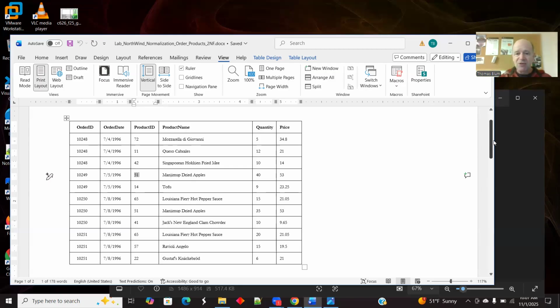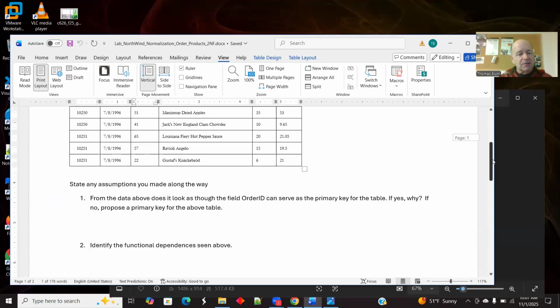So I've seen price in the order detail table, I've seen it in the product table, and occasionally I've seen it in both. But let's go on with the exercise.